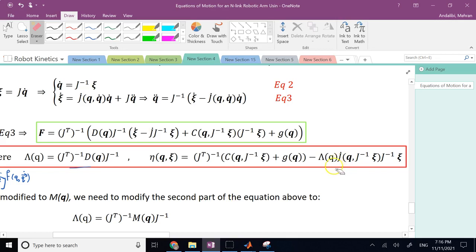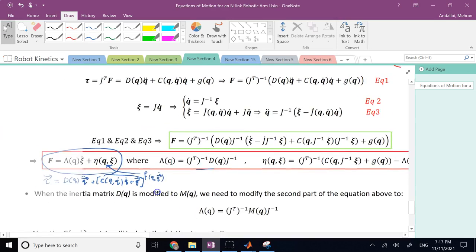And there is this matrix J dot. Pay attention, this J dot is the time derivative of the J matrix. Each and every one of the entries in the J matrix, you have to take a time derivative of. That is your J dot matrix, and this is the equation in the task space.